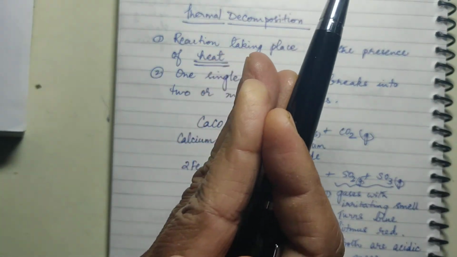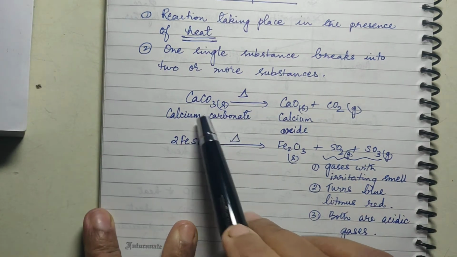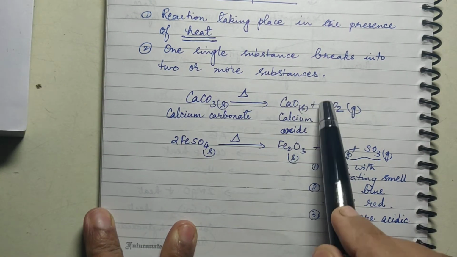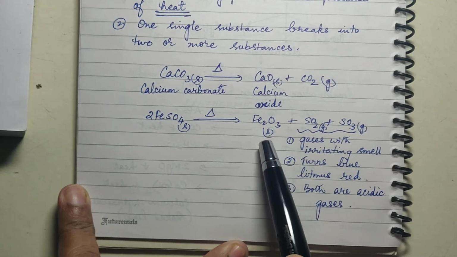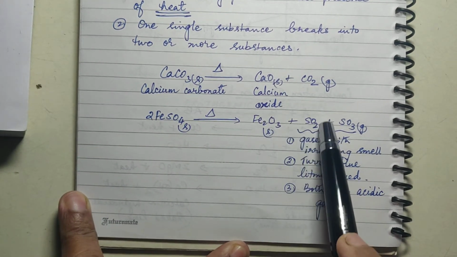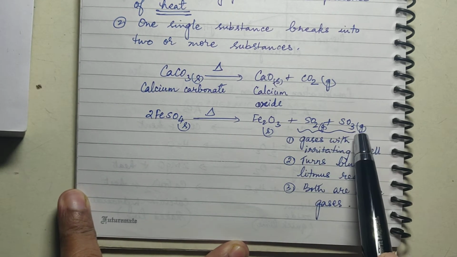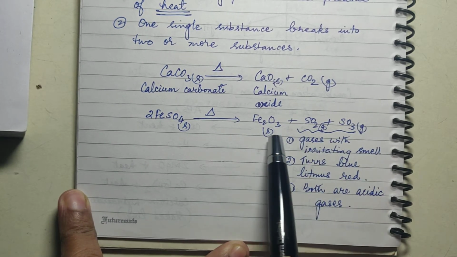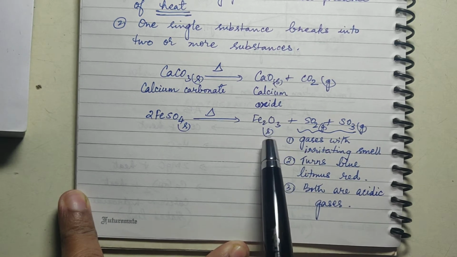One is separating into two or more, okay. Now calcium carbonate decomposes to give you calcium oxide plus carbon dioxide. Same way FeSO4 decomposes to give you Fe2O3 plus SO2 plus SO3, okay. Now this SO2 and SO3, they are gases, and this is coming out in the form of solid. This is remaining in the test tube as a solid.